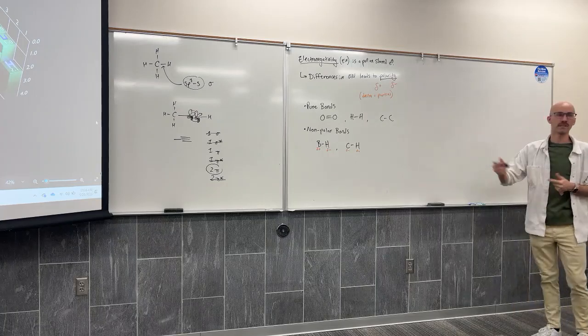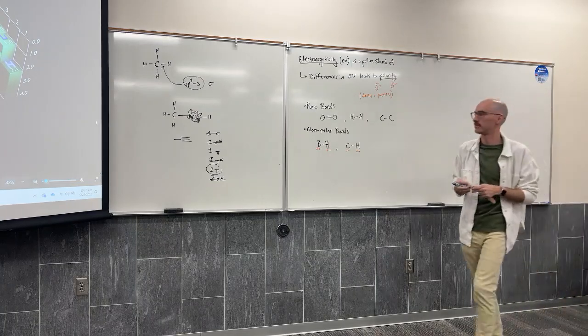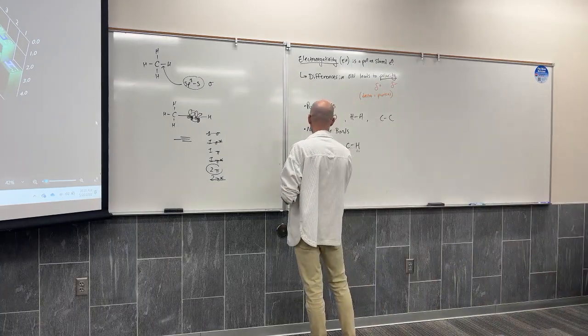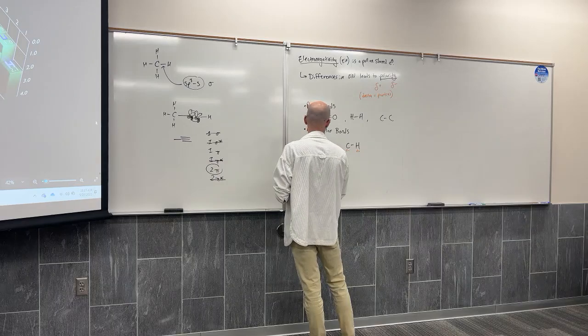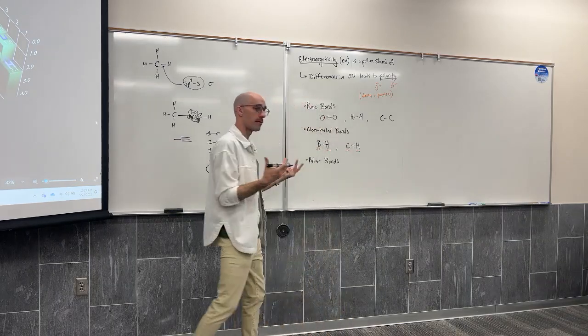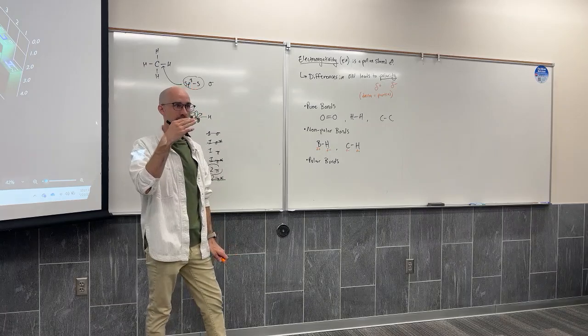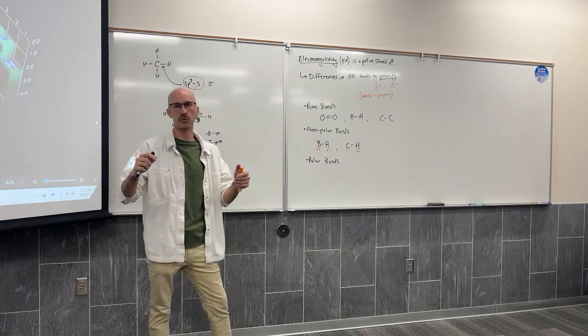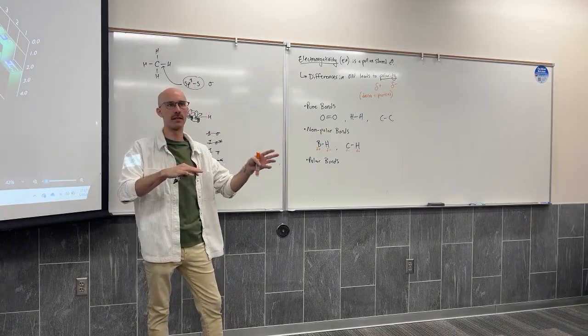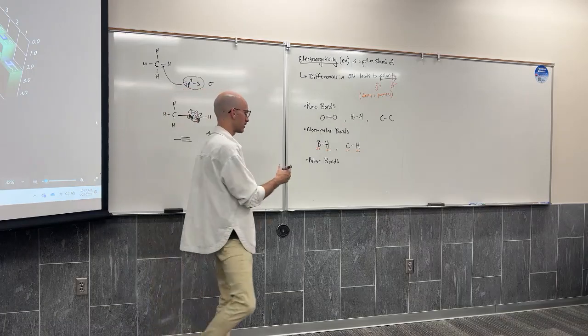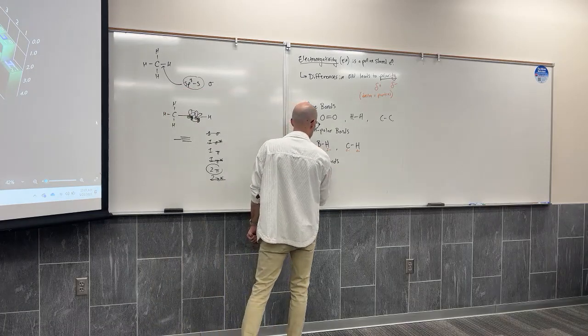Okay, what's the other type of bond? Polar bonds. So some of the most common ones for us. This is organic chemistry, so we should consider hydrocarbons and the bonds that they have. So let's look at the bonds that hydrogen makes.